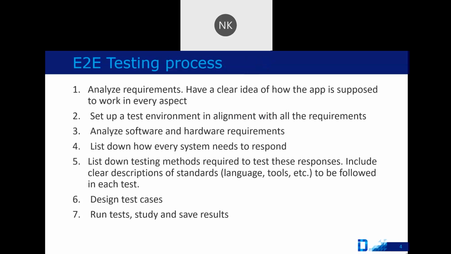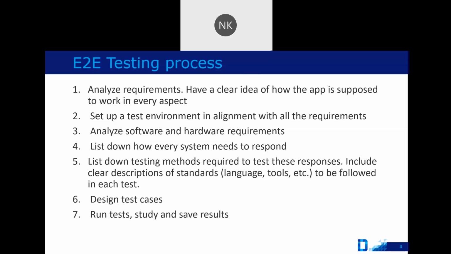So how are we going to do end-to-end testing? There's a process. This is more similar to the usual process. But the special thing is that in E2E testing, we have to cover all the cases. We have to cover the whole system testing in this.